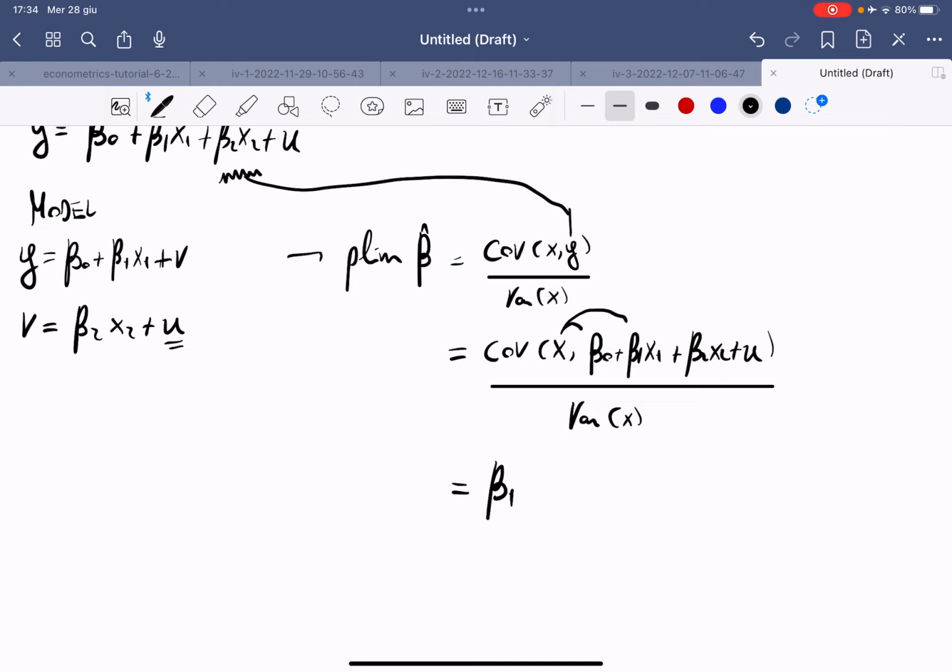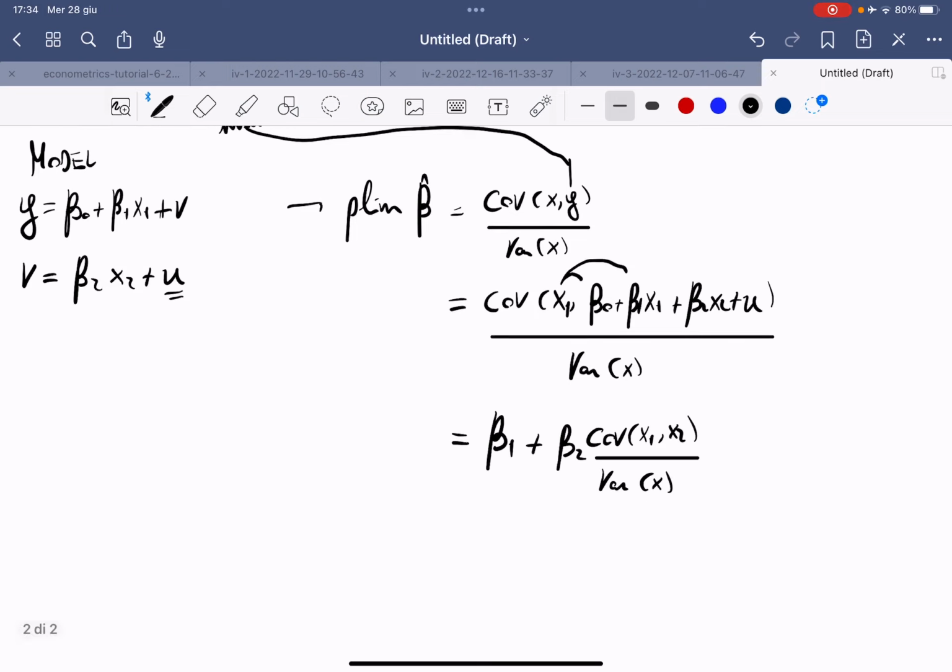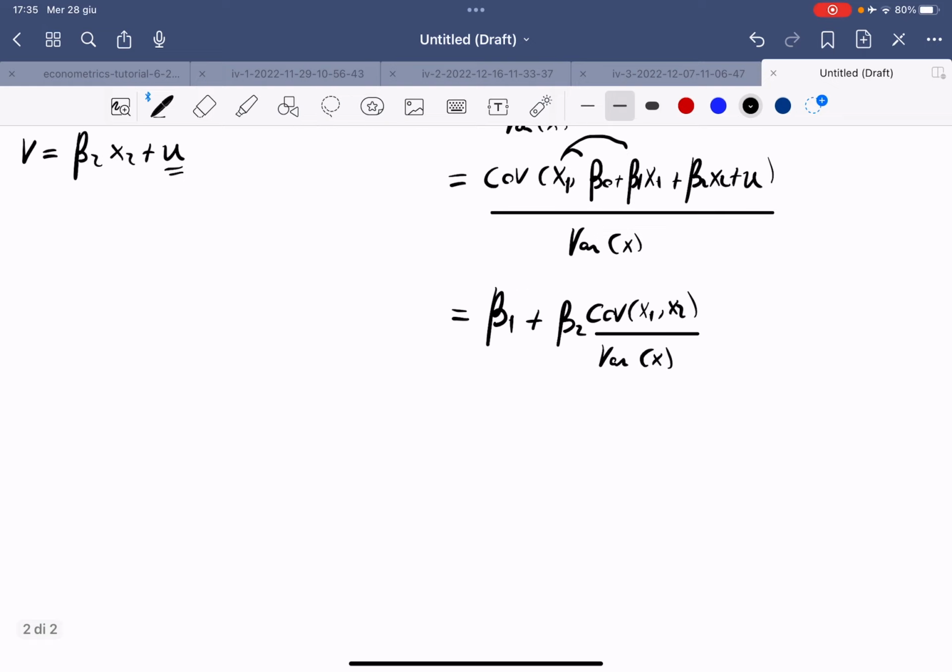So we have just beta 1 plus beta 2 times the covariance of x1 and x2, divided by the variance of x. The covariance of x1 and u will be 0, because in the OLS assumption we have mean independence of u.